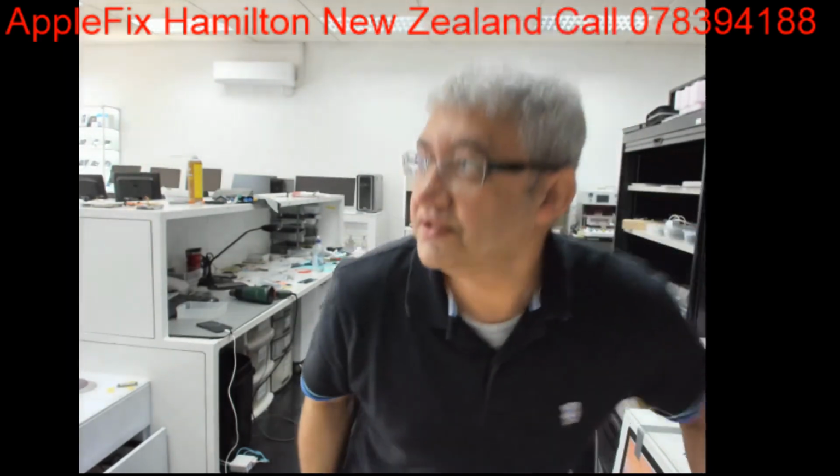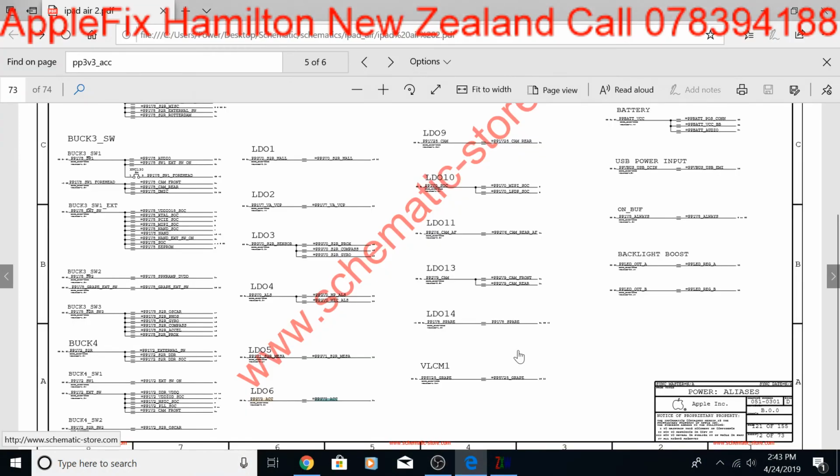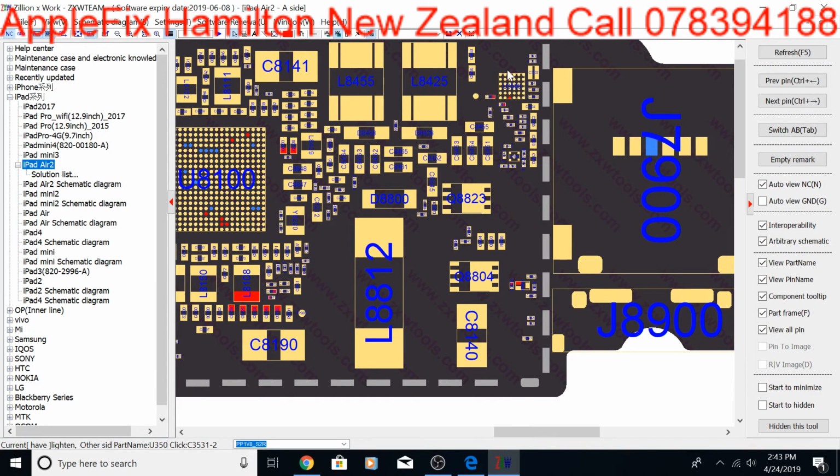Maybe I will go through what we have figured out today, and then we will come back and check it again. So the iPad which was not turning on, we tested, there is no short on the board, and then we did not assume, we actually checked what voltage should be coming out with all the connected resistors and capacitors around this U3500 IC, which transmits the voltage to the battery, charges it, and gives the power to the other components.